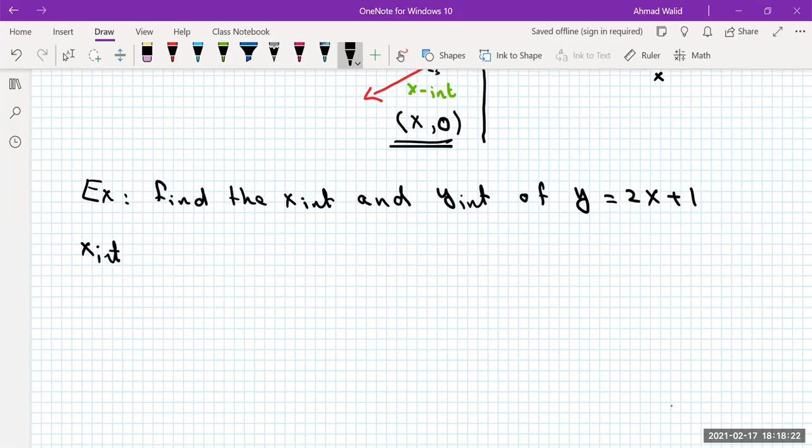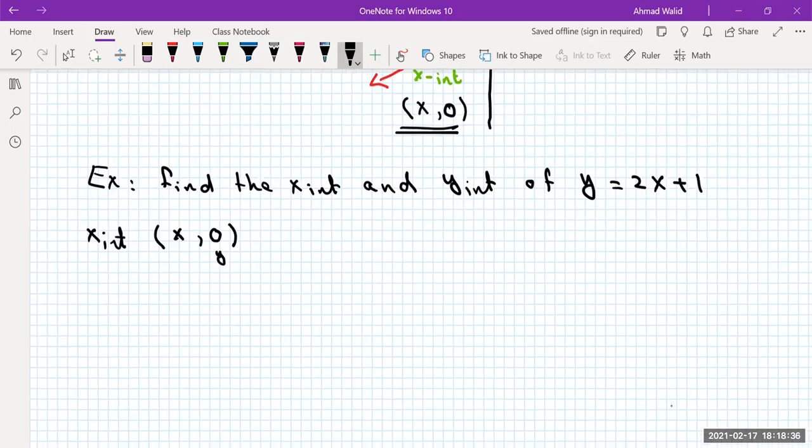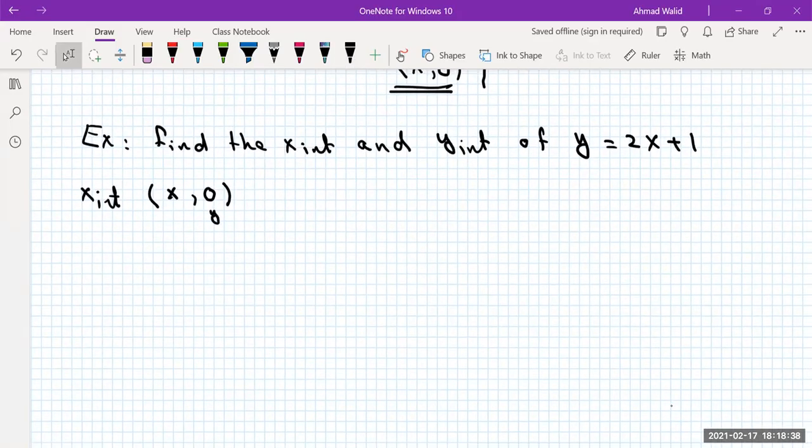I explained to you that in the x-intercept, x has a value, but the value of y is always how much? 0. Having this in mind, it's really easy to find the x-intercept. Put your equation here, y equals 2x plus 1.